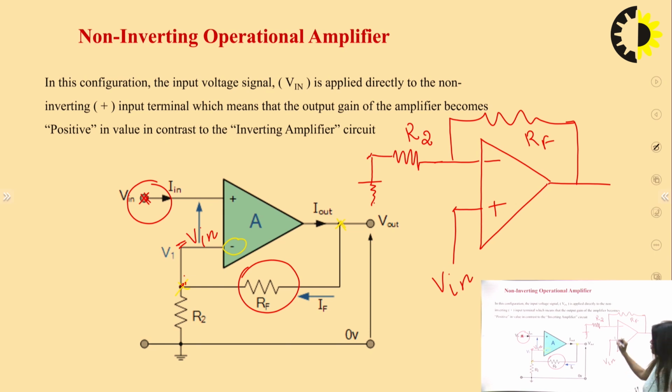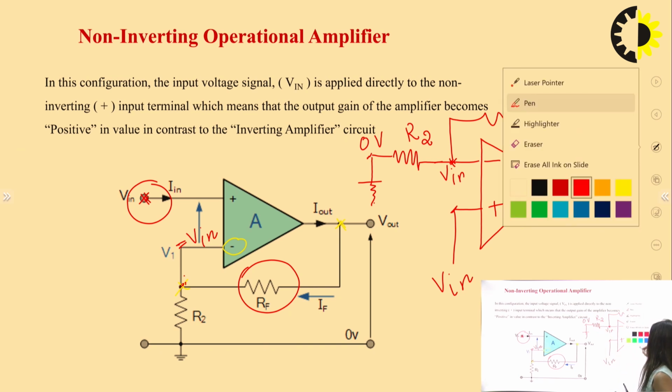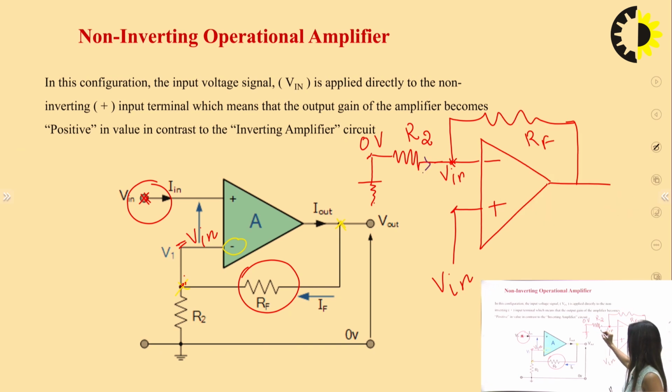Due to the virtual ground concept, I can say this is also V in. This potential is 0 volt. Whatever current is coming through this is going up only. There would be no current inside the op-amp.